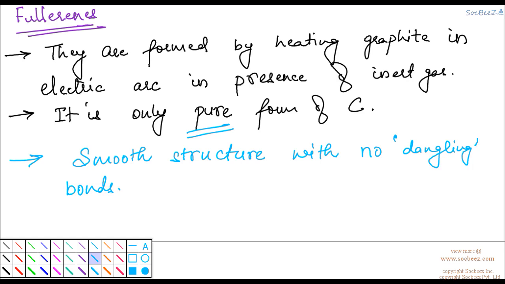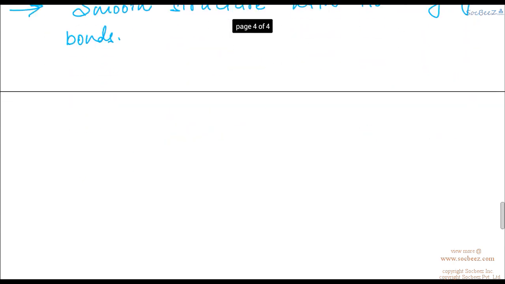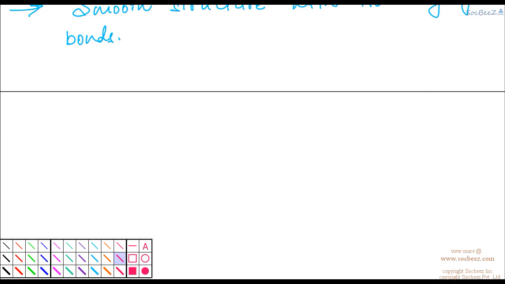So what do we mean by dangling bonds? Now consider this. Suppose that you have taken diamond. The structure would be something like this. This carbon would be linked to other carbon atoms.